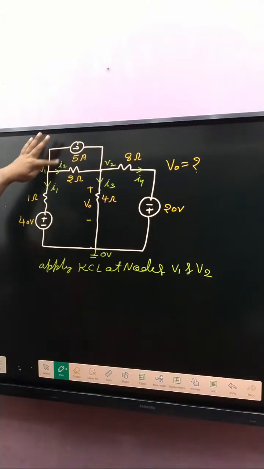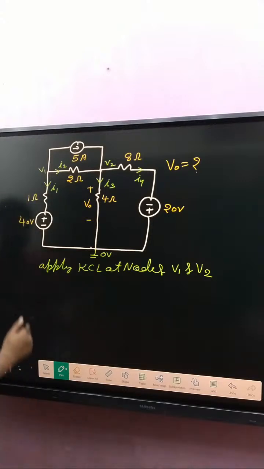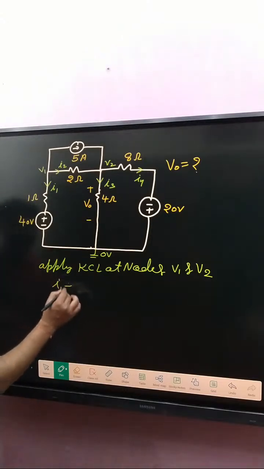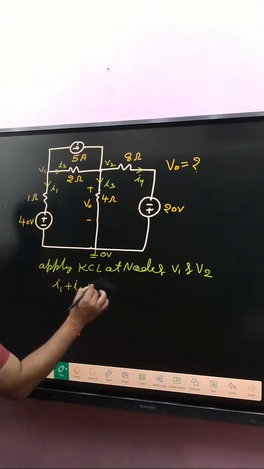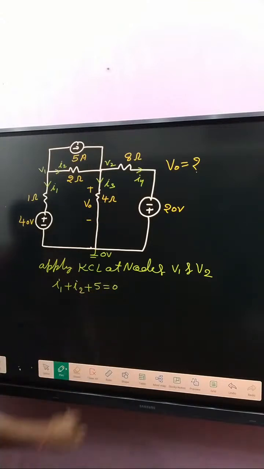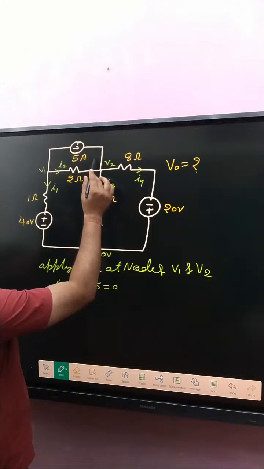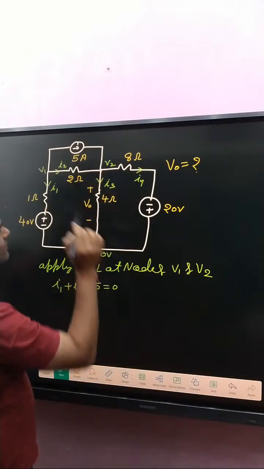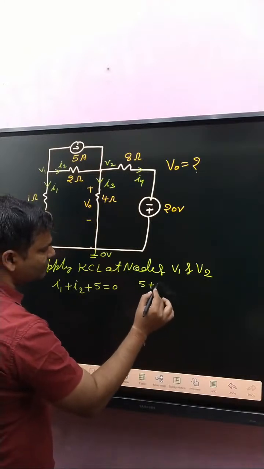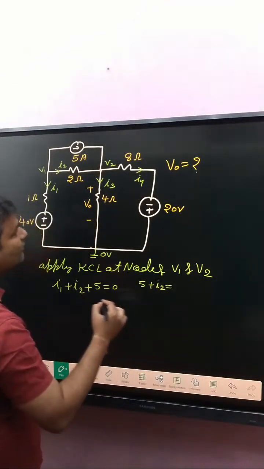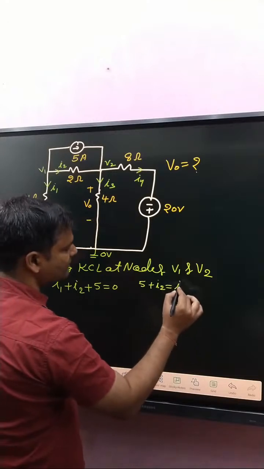All currents are outgoing: I1, I2 and 5. So write here I1 plus I2 plus 5 is equal to 0. And now look here, incoming current at that node is 5 and I2. So 5 and I2 is equal to outgoing I3 plus I4.